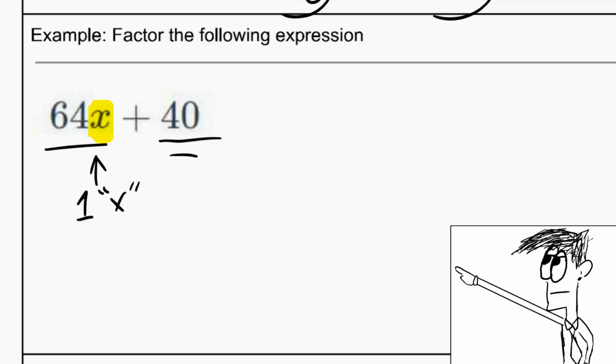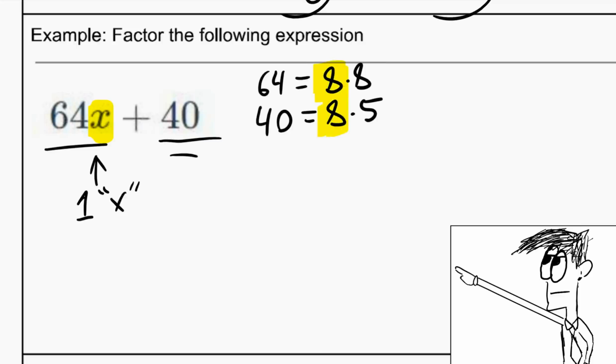I see that these are both even numbers, and let's just take a guess here. 64 and 40, trying to find the greatest common factor. I know that 40 is 8 times 5. 64 is just 8 times 8. And if I think of any more possible terms, let's just use 8.